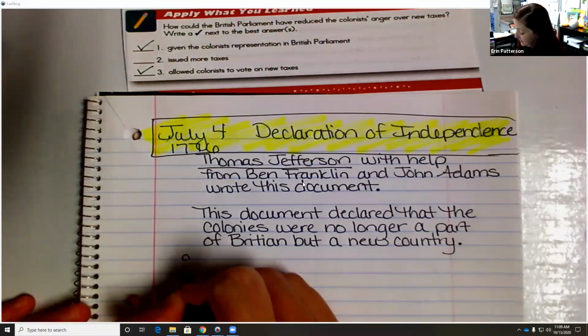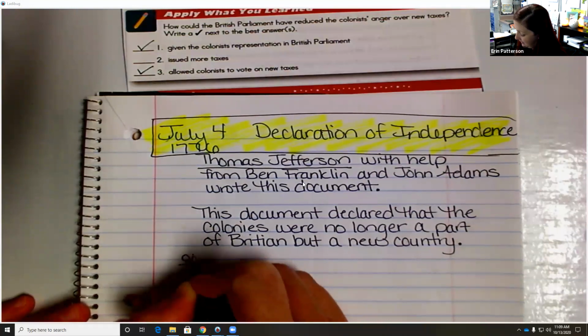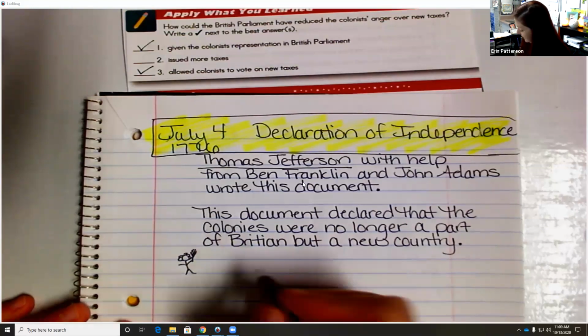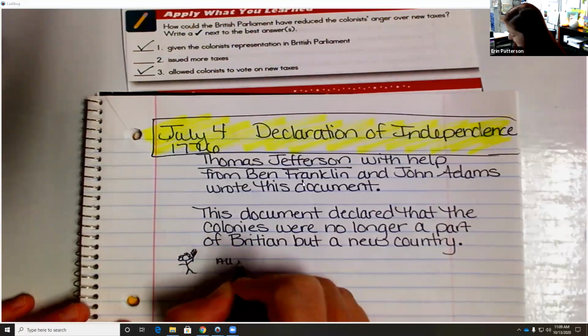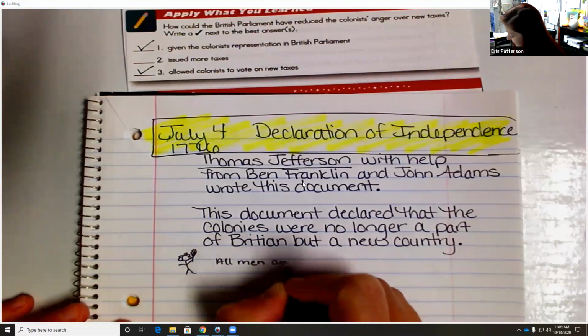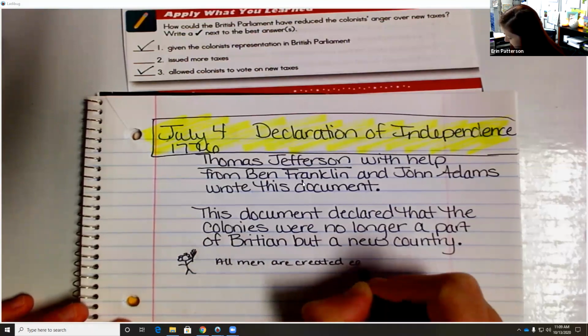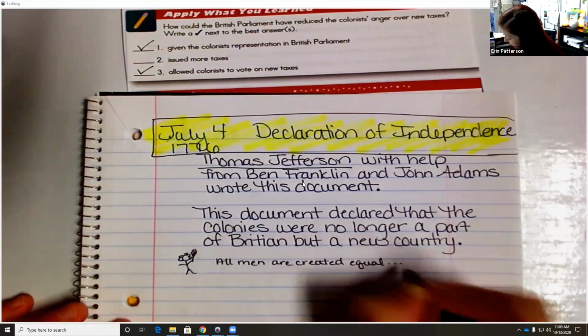Now on my notes, I added a little guy with the quill and feather, Mr. Thomas Jefferson. And it says, all men are created equal.